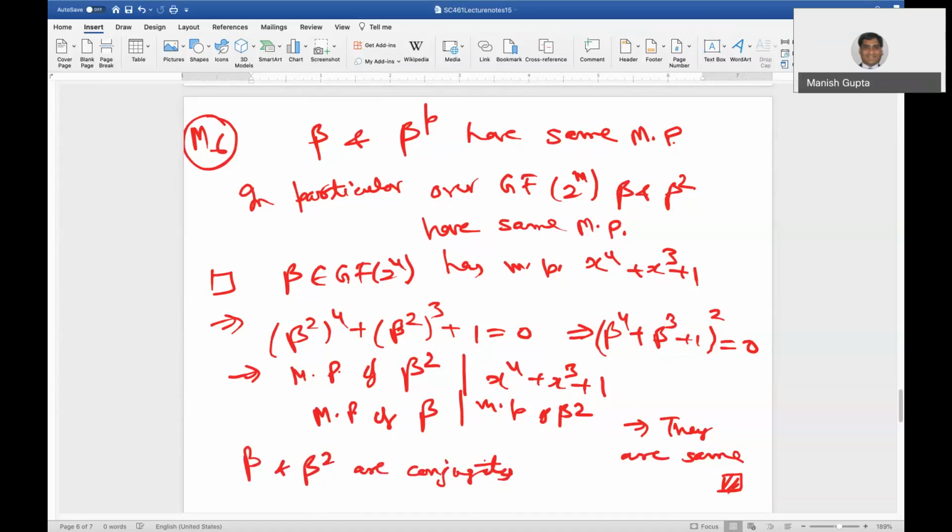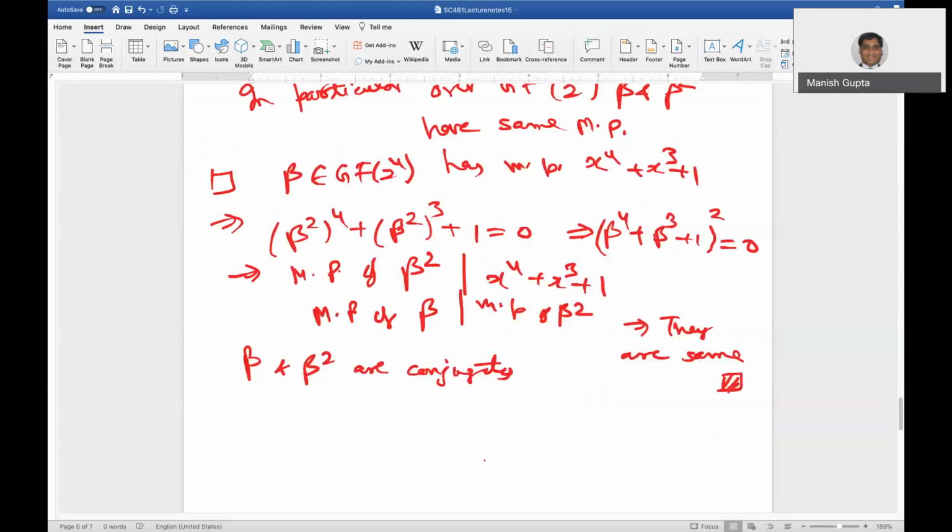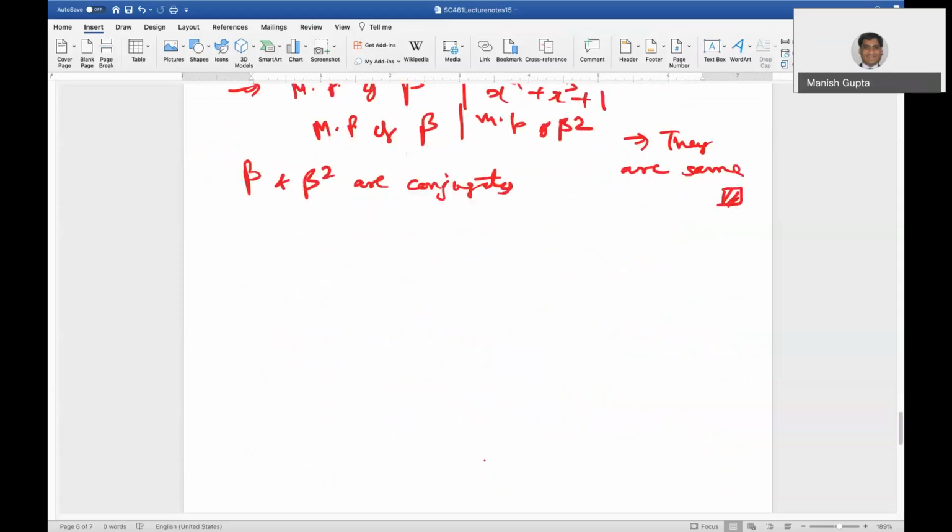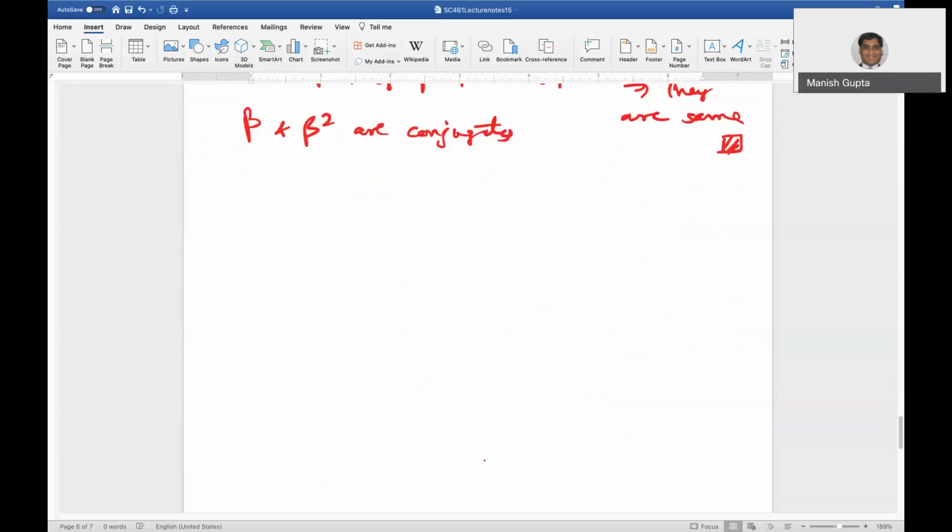In the same manner, here beta and beta square are conjugates of each other. Okay. Now, these are certain basic properties. I'm going to talk about what is known as cyclotomic cosets. This is a machinery which can be used to construct minimal polynomials.